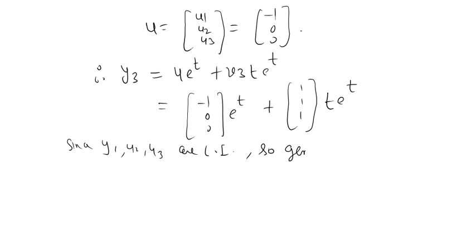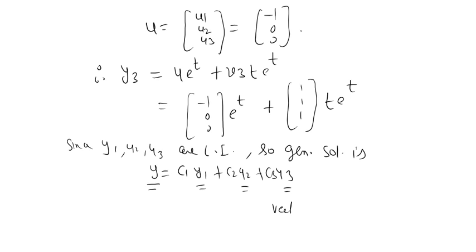So the general solution is y equal to c1 y1 plus c2 y2 plus c3 y3, and you can write it component-wise if you want. And don't forget that y, y1, y2, y3 are all vectors. So they are column vectors, or matrices of size 3 cross 1.